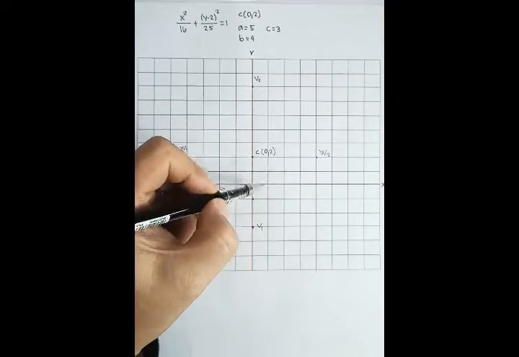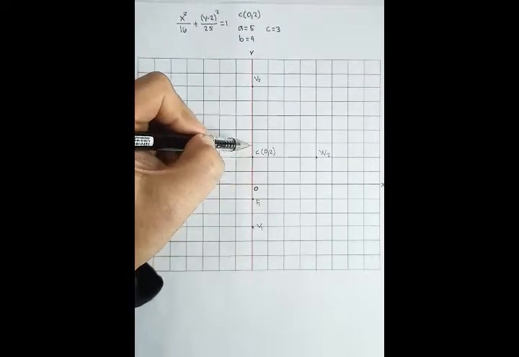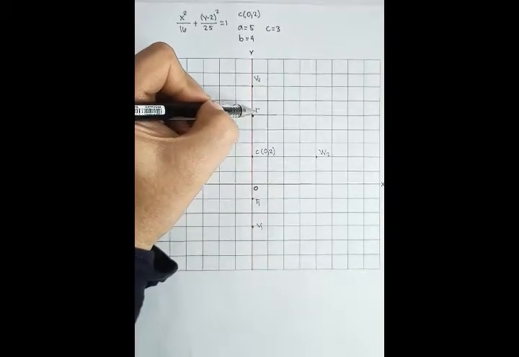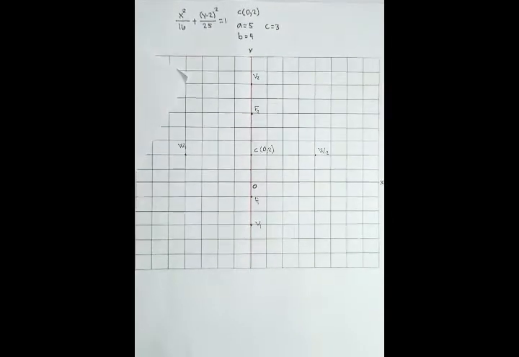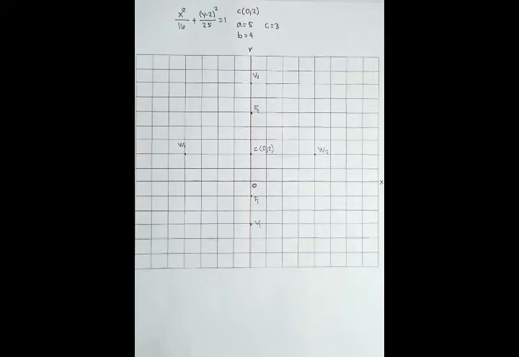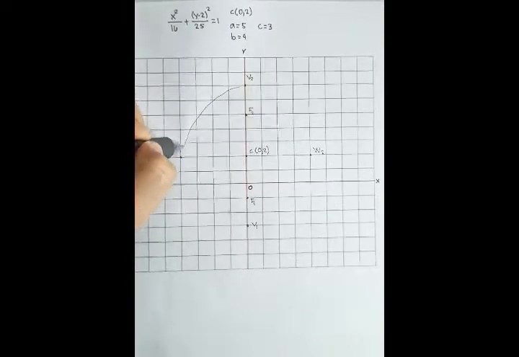This is our F1. And then from the center upward, 1, 2, 3. This is our F2. Then now we can draw our ellipse. So we just connect our vertices and co-vertices.